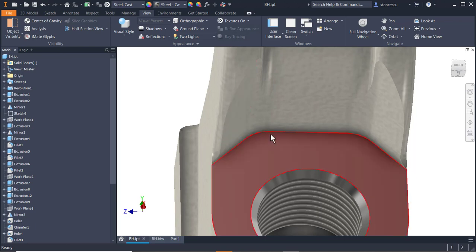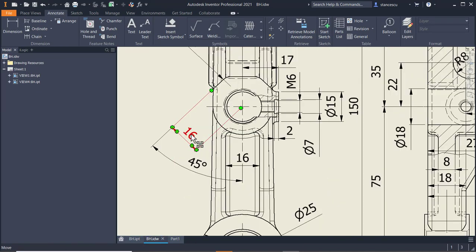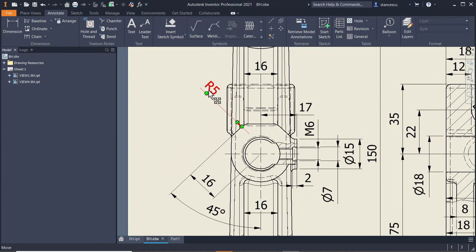Yes, eliminating any fillet of here. Dimensions are simple. 16 placed at 45 degrees and radius 5 on both faces.